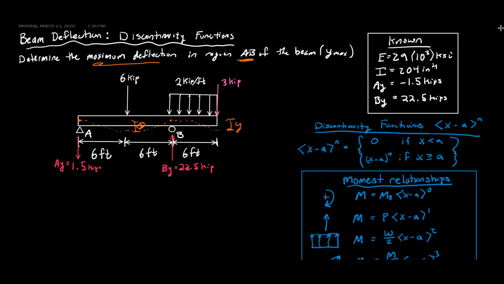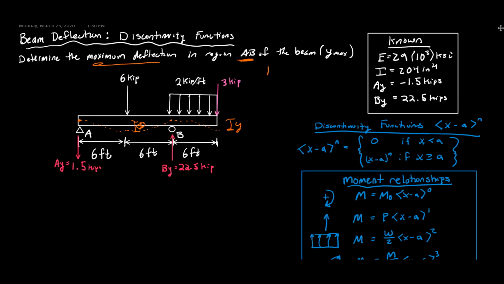And when we do that, we can see what our boundary conditions are going to look like. Basically, at A, so at x equals 0, and at B, which is x equals 12 feet, we're going to have a displacement of 0. So let's just write that down.